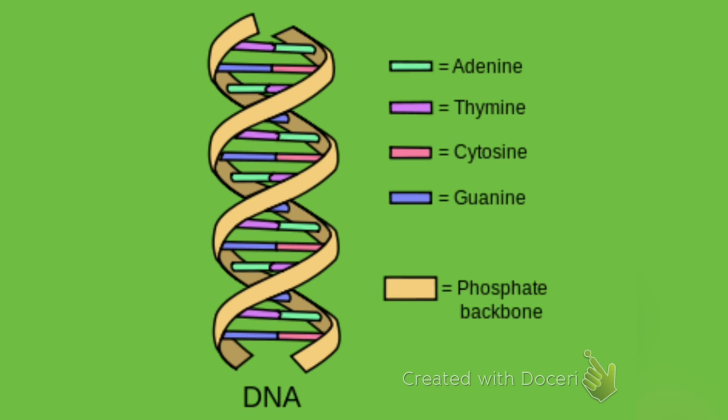And like I said before, they are in bonded pairs. Adenine and thymine can only bond with each other. The exact same holds true for cytosine and guanine, as those two can also only bond with each other.